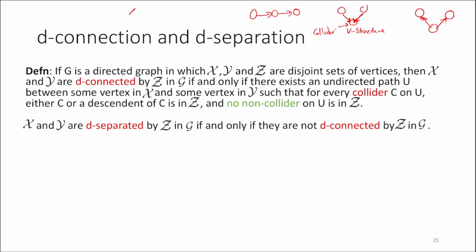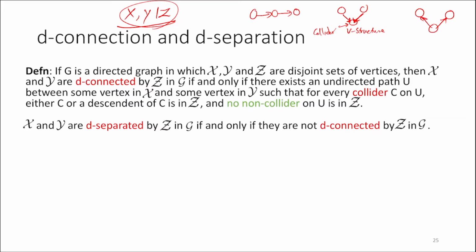We are looking at a statement like this: X and Y are independent given Z. Given X, Y, and Z, and given a graph, can we say whether this is independent or not?